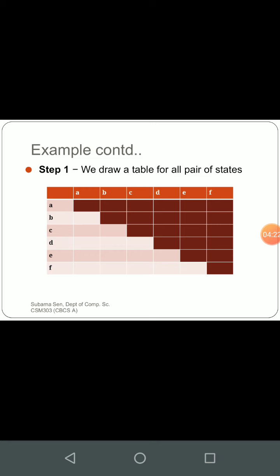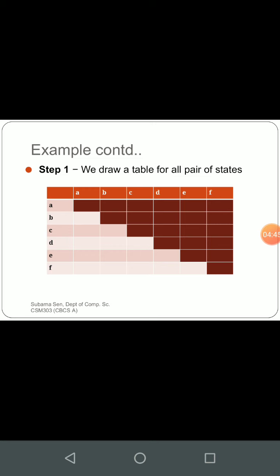So we are omitting one part to avoid repetition, right? The A, B pairing and B, A pairing are the same, because A and B are two states. Whatever the orientation we use, A comma B or B comma A, the meaning will be the same. That's why we have just blocked those cells, nothing else.